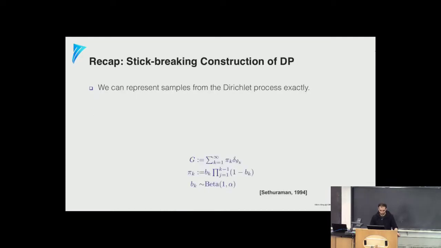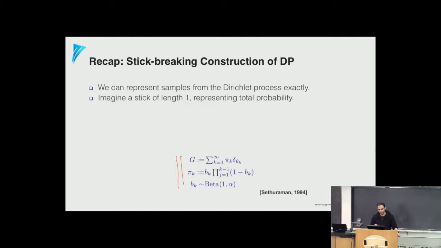To describe this process, we introduced the Dirichlet process that is given on the slide. To be able to sample from this process, we can use the stick breaking construction. We can represent this Dirichlet process exactly by this stick breaking construction.